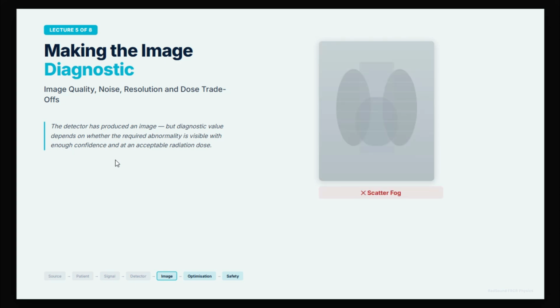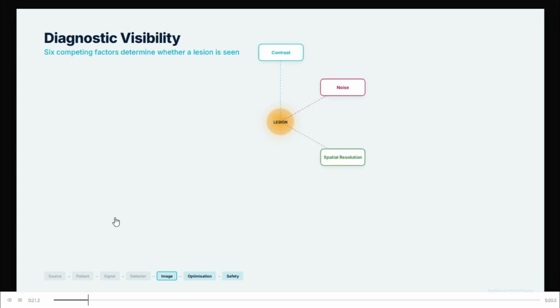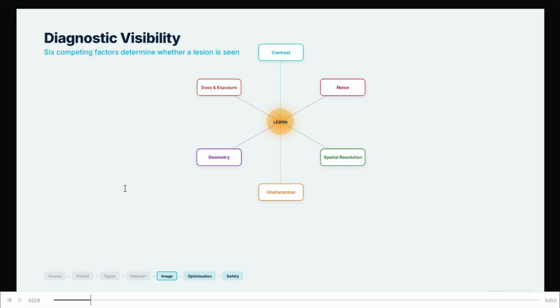So we have to understand 6 or 7 most important factors that will help us to make a proper diagnosis. We have contrast, noise, resolution, unsharpness, a bit of geometry, distortion, and artifacts. So I usually call them CRN OMDA. You call them CRN OMDA so you can remember them well.